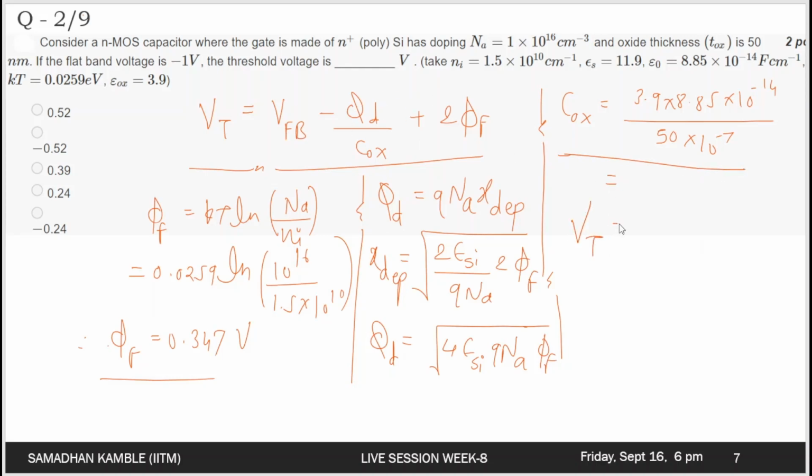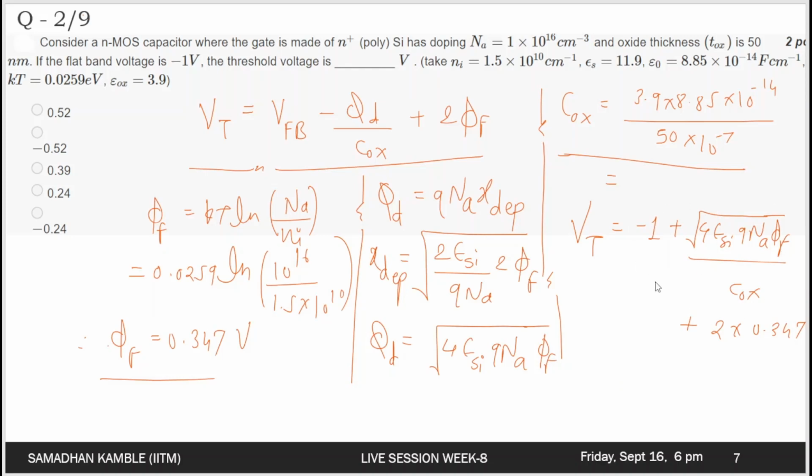So let me just write it for you. Vt is V flat band, that is -1, minus the QD. QD is negative, so minus minus becomes positive, and we'll get the square root of 4 times epsilon silicon q NA phi F, divided by the value of Cox, whatever it is, plus 2 times phi F, 2 times 0.347.